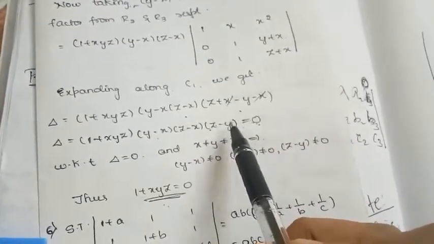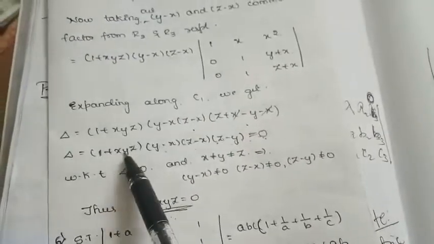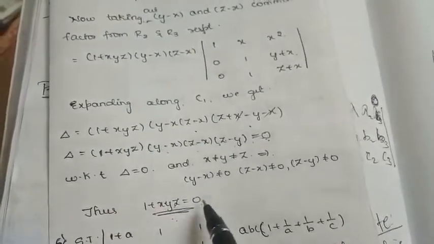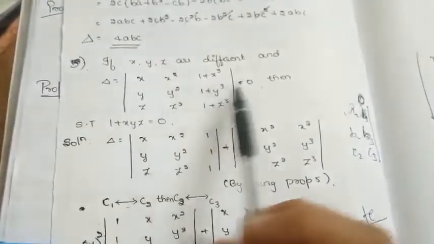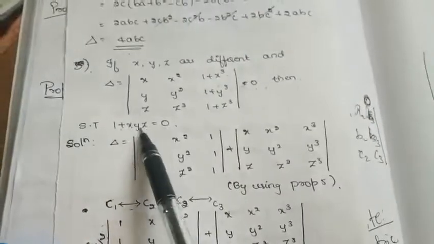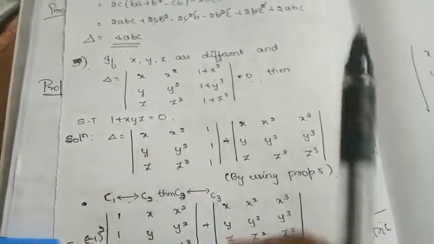So what is the remaining thing then? When these three cannot be equal to 0, it directly implies that 1 plus xyz is equal to 0. So if 1 plus xyz is equal to 0, that is what we needed to prove here, right? If the determinant value is equal to 0, then 1 plus xyz is equal to 0. So thus we have proved the given thing.